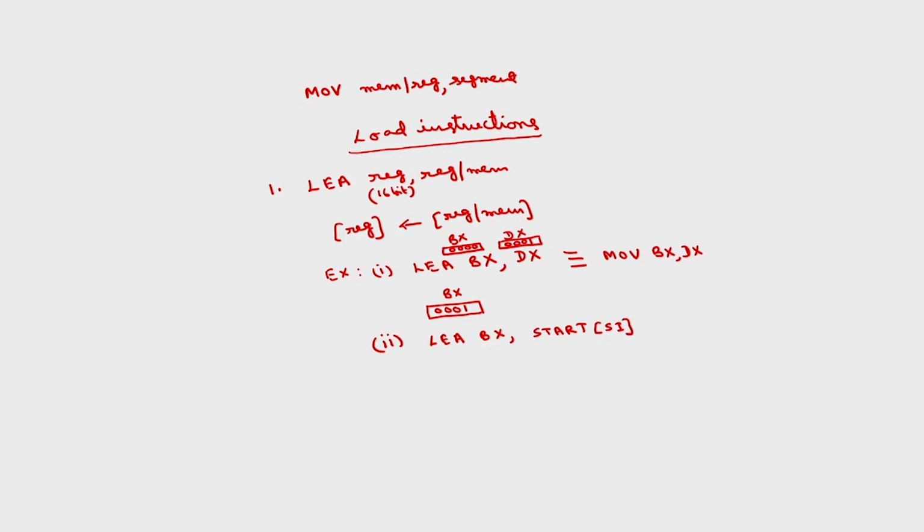In this case, I assume the start value is the same 0040, which I assumed in the last example, and SI contents are say 32FF. The effective address will be simply 32FF plus 0040.